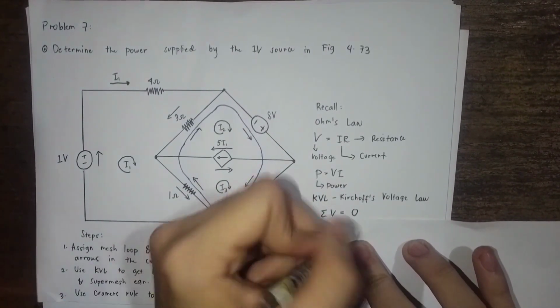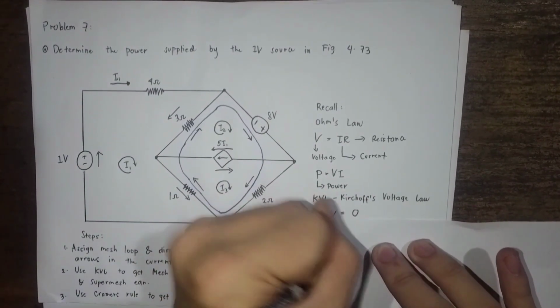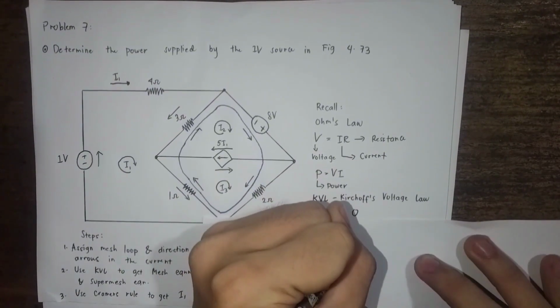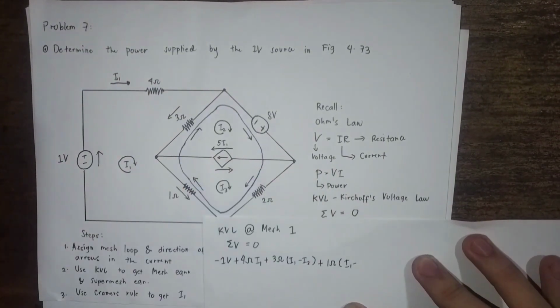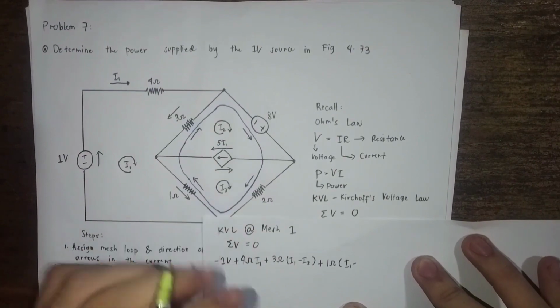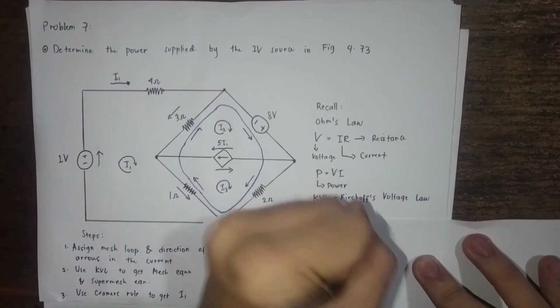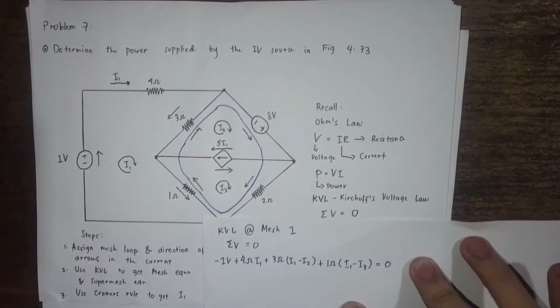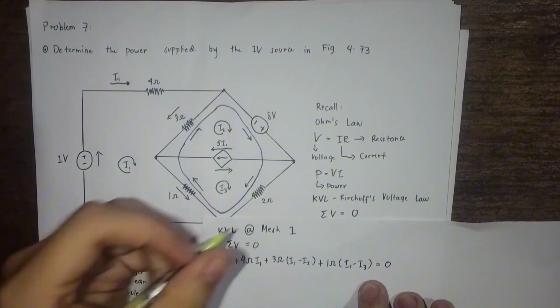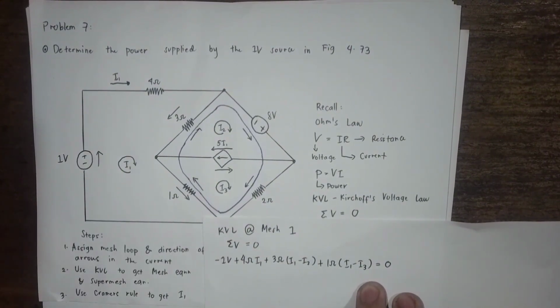plus 1 ohm. Same with the 1 ohm: I1 is positive, and its counterpart I3 is negative. All equals 0. First, we move the constant to the other side so it becomes positive, then distribute.